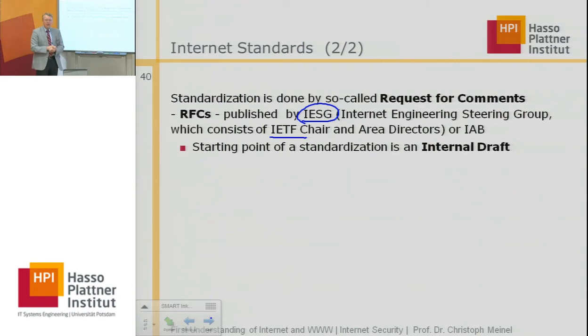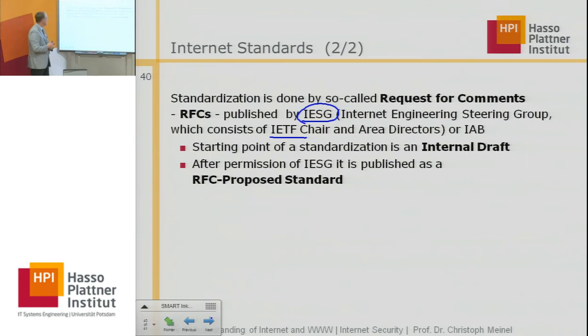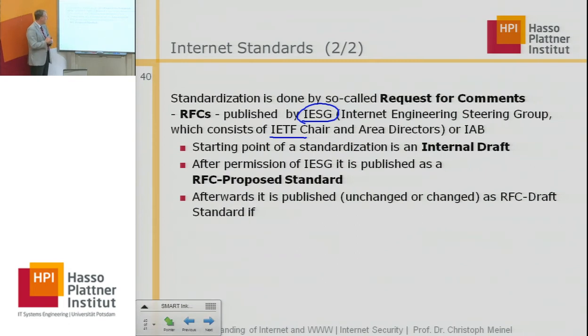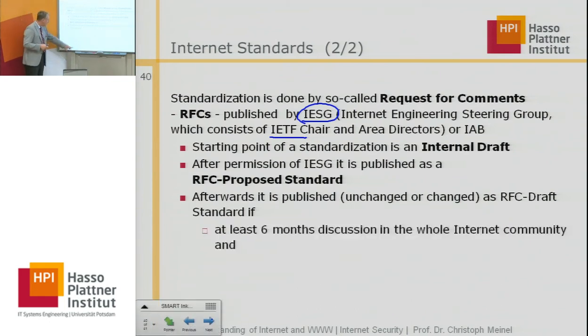The starting point for such a standardization process is a so-called internet draft. The IESG looks at this internet draft and then says yes, it can be published. Then it's published as an RFC proposed standard. Then it waits for independent implementations. After that, it becomes an RFC draft standard.